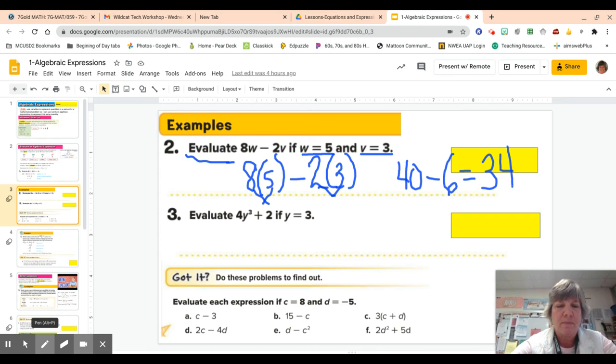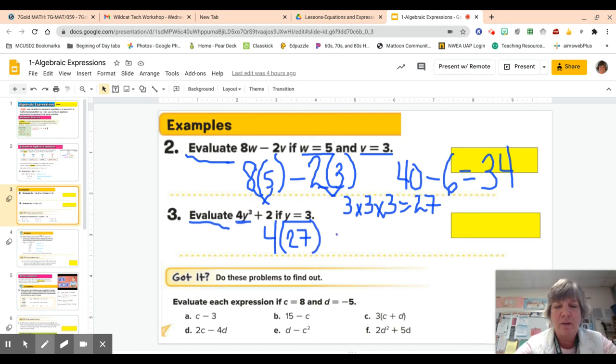Okay, question 3. Evaluate 4y to the third. What is y to the third? 3 times 3 times 3, which is 27. So once again, if I put 4 right next to 27, that means to multiply, which is what they intended here.